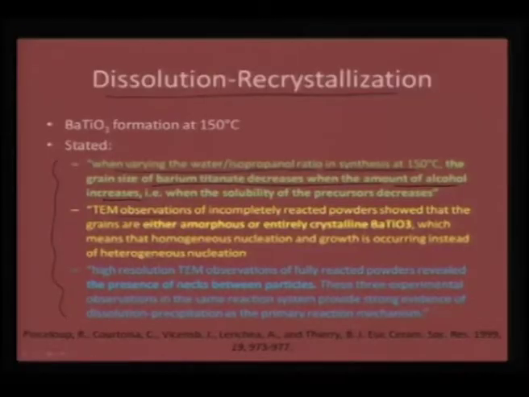Another thing is TEM observations of incompletely reacted powders show that it is either an amorphous barium titanate phase or entirely a crystalline phase. You do not get to see both cases in TEM, and then in high resolution TEM we also see that there is a presence of necks between particles.